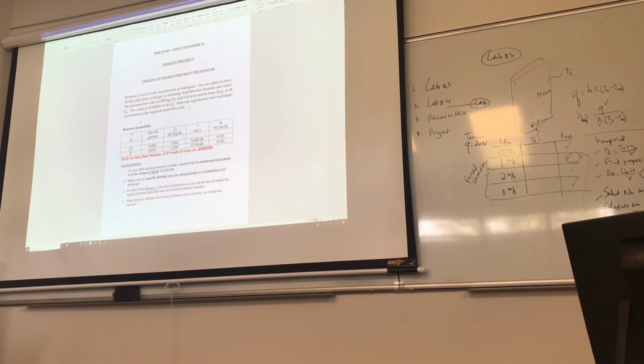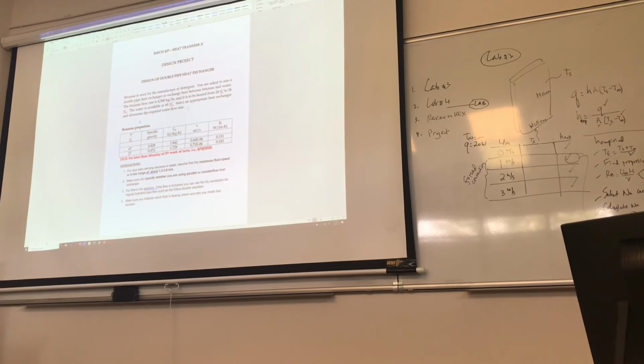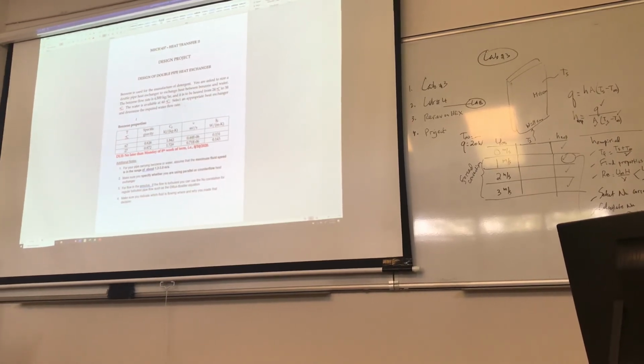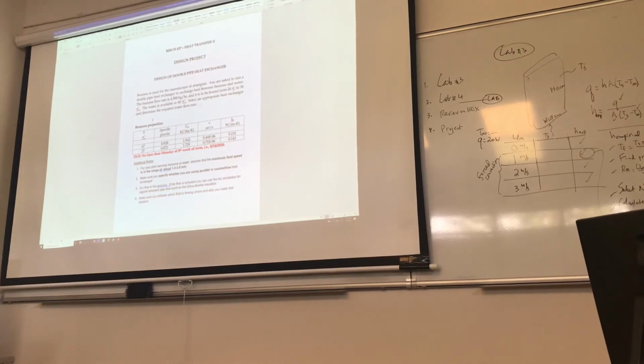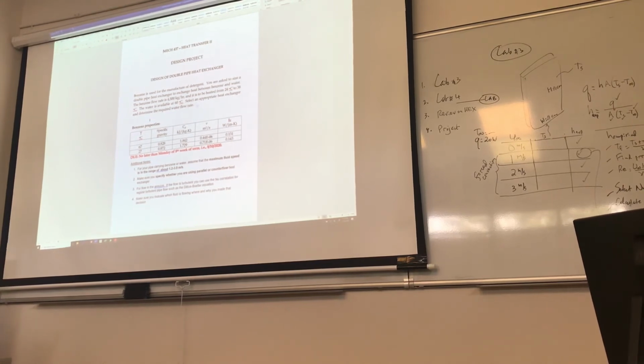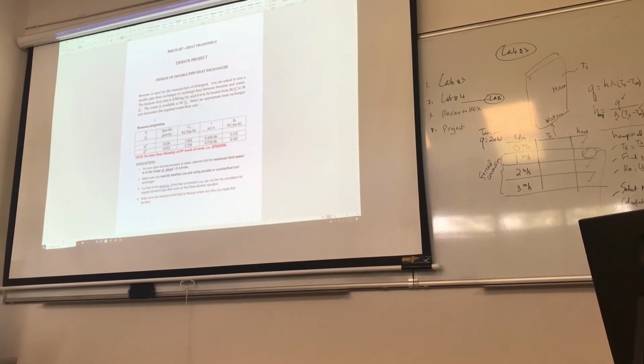Well, remember the Moody charts, right? As the Reynolds number goes up, the values of f tend to change. So you have high friction, because remember Darcy's law, f L over D times V squared over 2g.